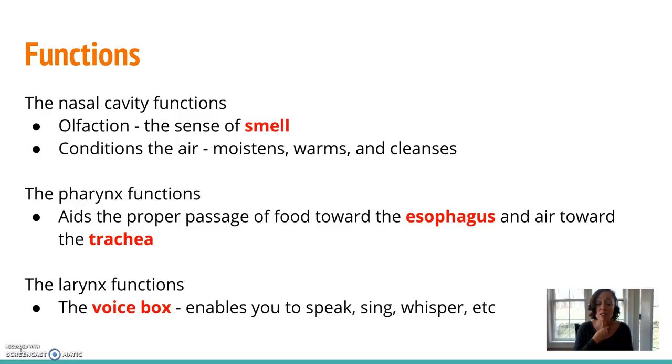The pharynx, we talked last week, helps to aid proper passage of food into the stomach, down the esophagus. Remember we talked about that last week? Well, it's also really important that it allows air to move into the trachea. The larynx is your voice box. Larynx is a fancy word for voice box, and it's what helps you to be able to speak and sing and whisper, etc.